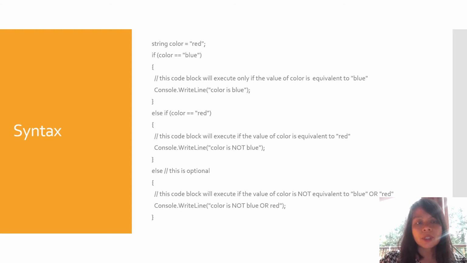We have the string data type, and the variable color is red. The first thing we're evaluating is: is the color blue? If so, then do this, right?